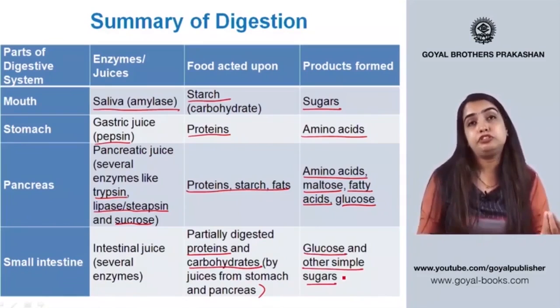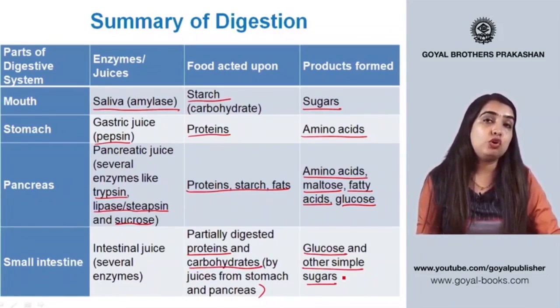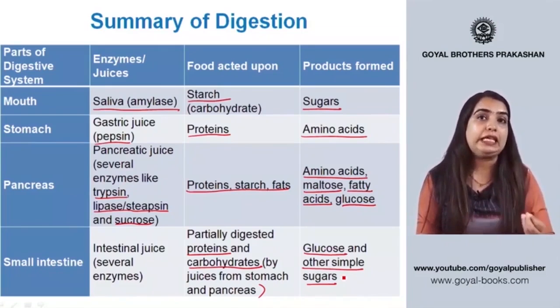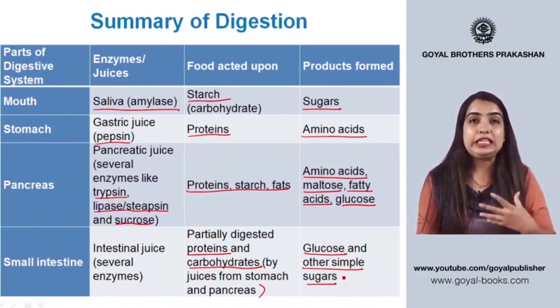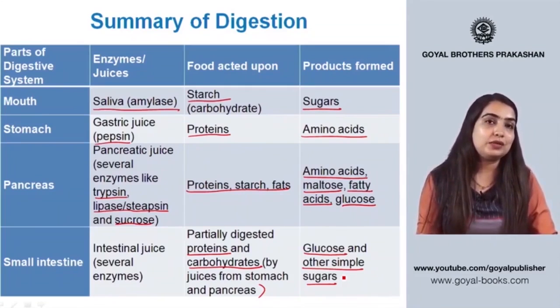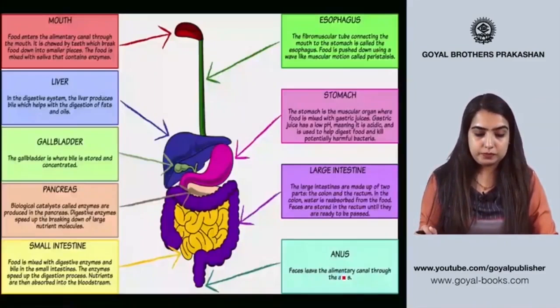So we must appreciate the beauty of our digestive system, which is so complex and yet works in such a smooth manner that we do not feel anything and we just eat whatever we feel like as per our mood. We must be thankful for this system, and of course appreciate God's sophisticated work.